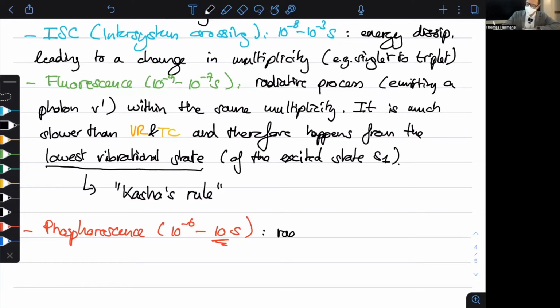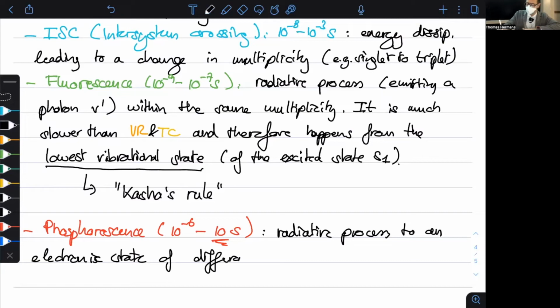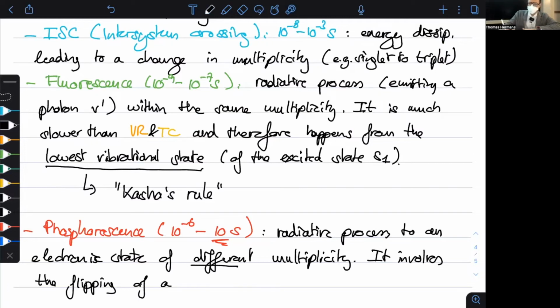So this is a radiative process to an electronic state of different multiplicity. So it involves the flipping of a spin and is therefore slow.